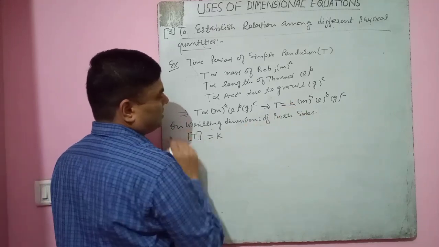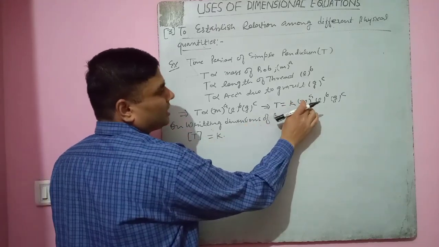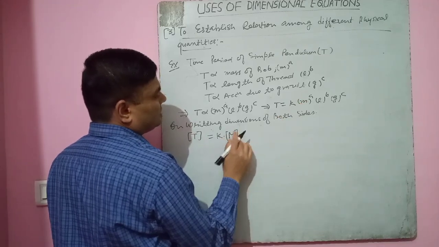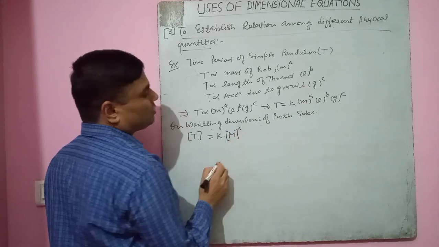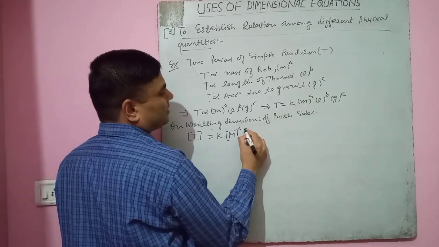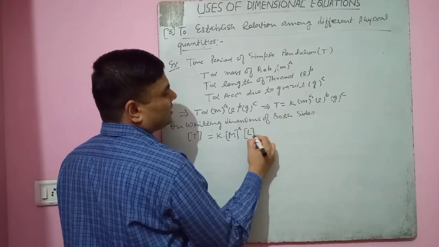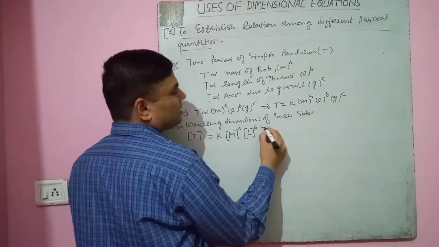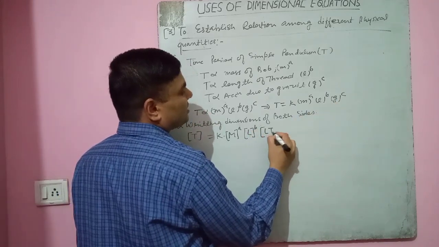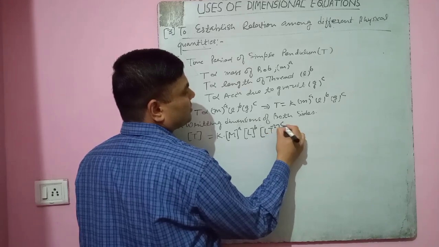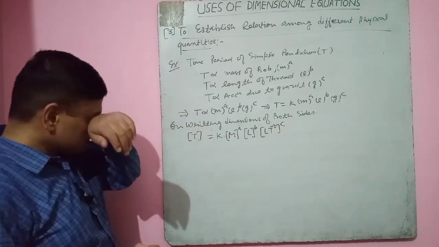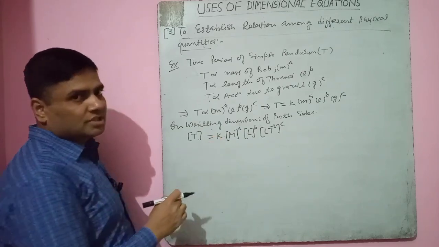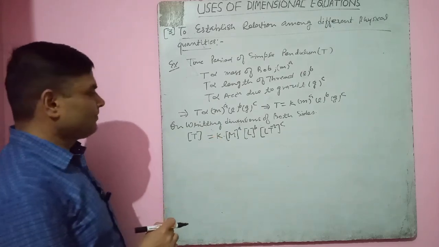M is the mass, so its dimension will be capital M raised to the power a. L is length, its dimension will be capital L raised to the power b. g is acceleration due to gravity, its dimensions are [LT^-2] raised to the power c. k is dimensionless because it is a constant, so it has no dimensions.